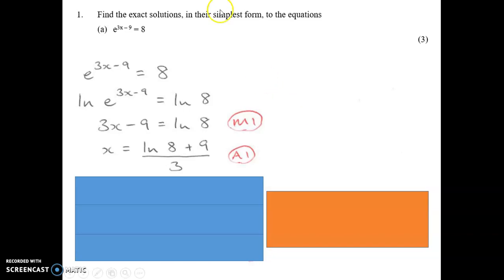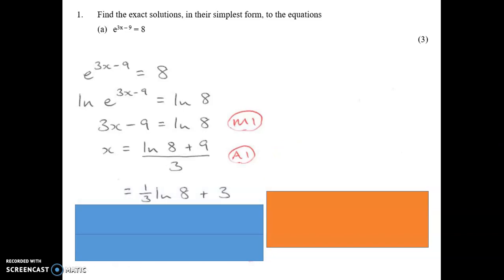But the question does ask you to write the solution in its simplest form, and this is not quite the simplest form. Quite a lot of people split the fraction into two fractions, quite rightly, and got that far, but not quite so many people noticed that you could actually simplify it further. So this third at the front, or lots of people had it as ln 8 over 3, which is the same as a third ln 8.